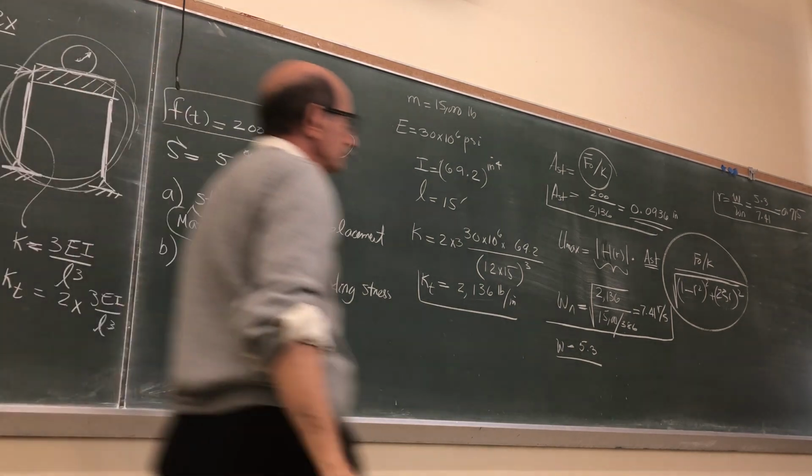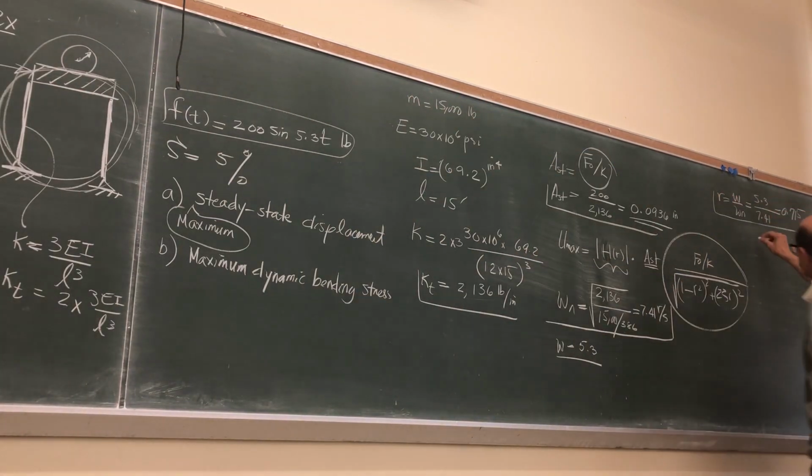The frequency response function is something like this for this case. R is this, so you're somewhere here. If this is 1, you're somewhere here. Of course, the peak shifts to the left, so you have something like this.